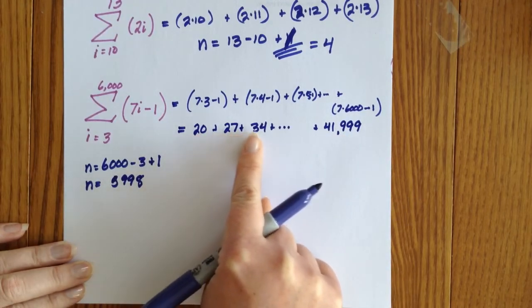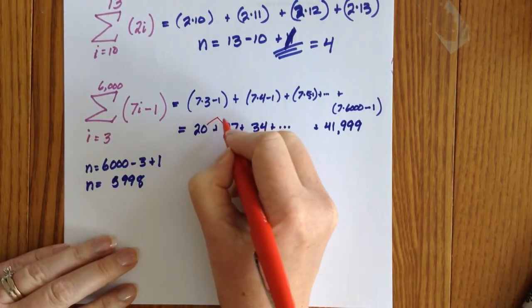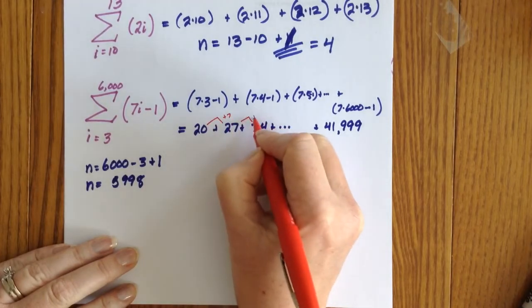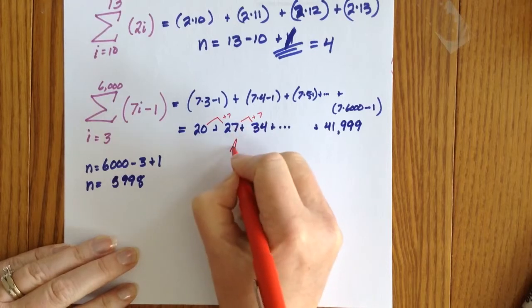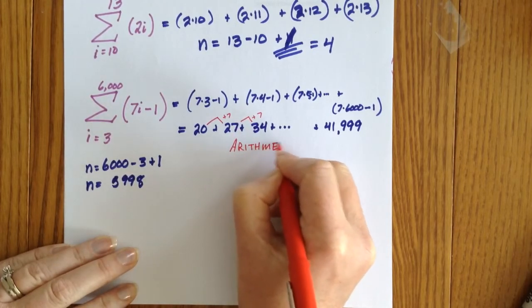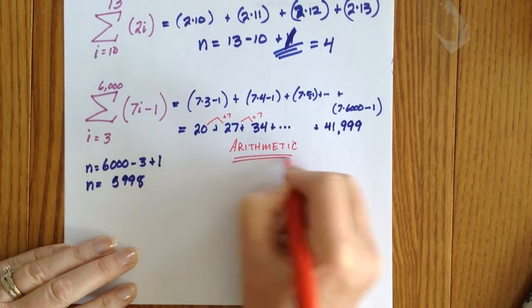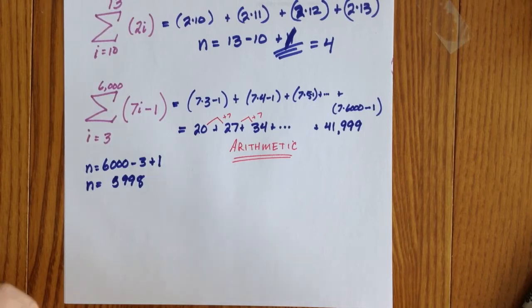This appears to be arithmetic. Aren't we adding 7 to get from one term to the next? It's arithmetic.